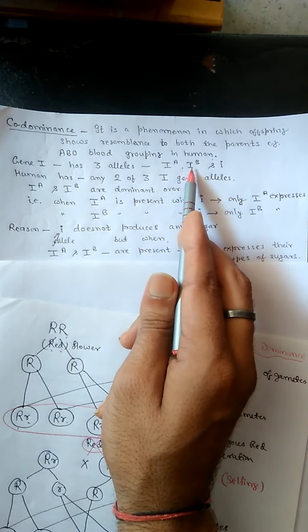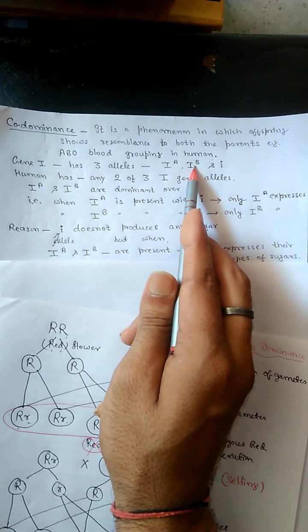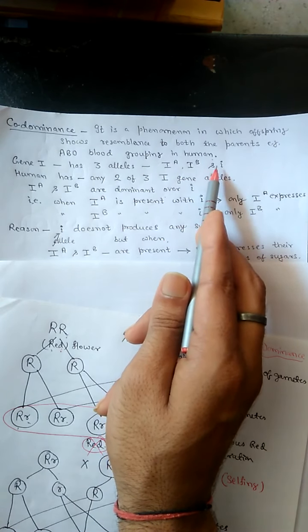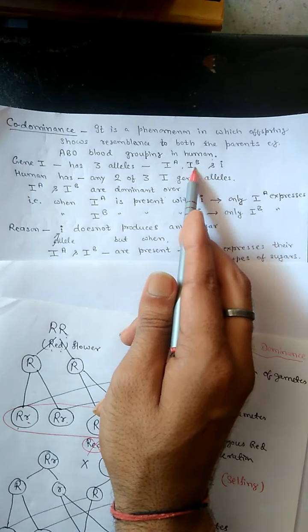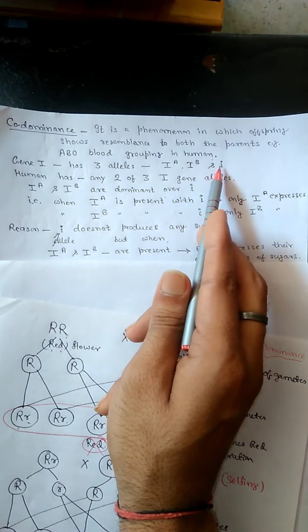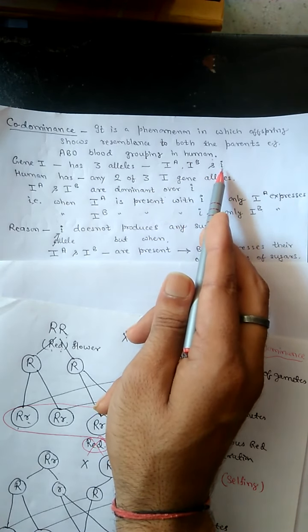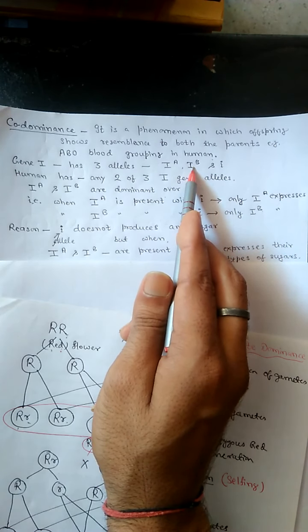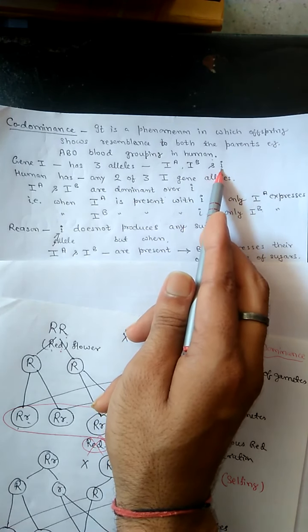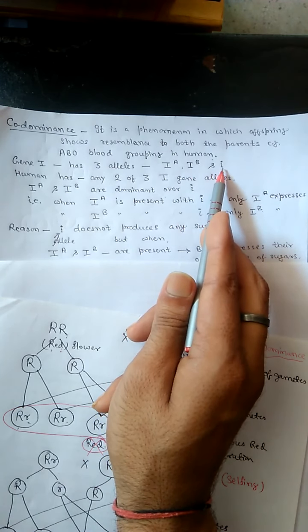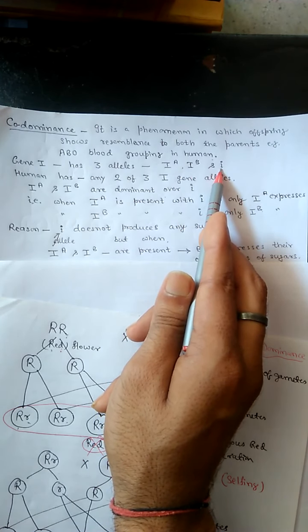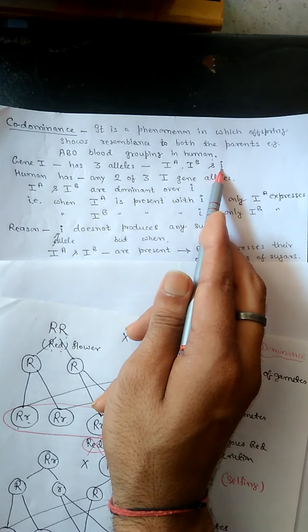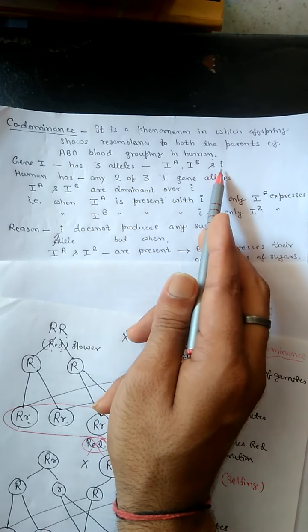Similar is the case of IB. When IB and i are together, i does not show its own expression, rather IB shows its expression. But when i is present together with i, then only it will be able to show its expression.